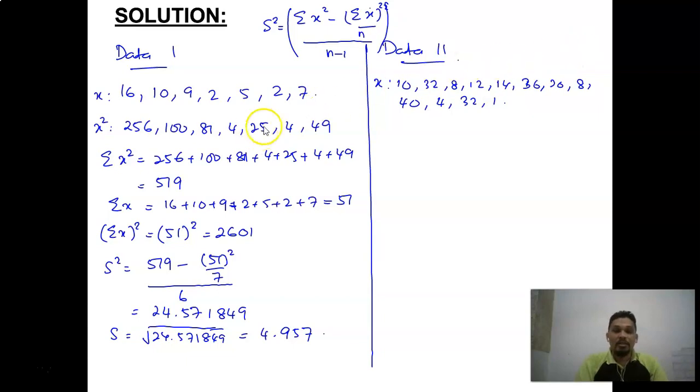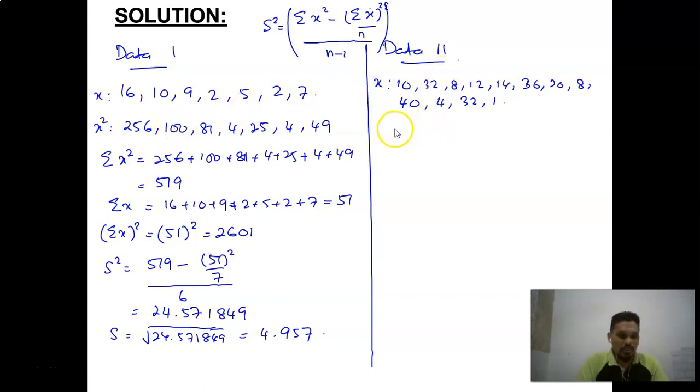The steps are the same as before: square every single value that we have here, get the summation of x squared and the summation of x, square the summation of x, then substitute into the formula.